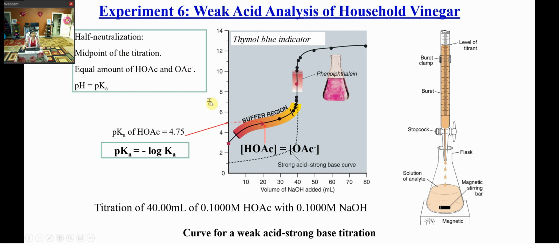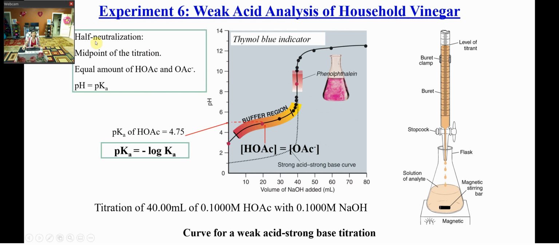So this half neutralization is important. The reason is you are going to eliminate any deviation from reading the color change, from a slight over titration.